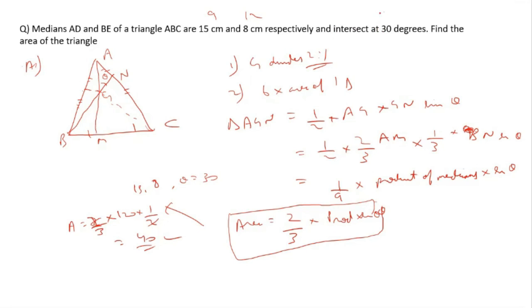So perpendicular medians means this will be 90 degrees, and they had asked the area directly. People who had seen this problem or known this result, because it's a fairly standard one, would have directly applied 2/3 into 9 into 12 into sine 90, which is 1. So 72 would be the answer in that case for the CAT problem.